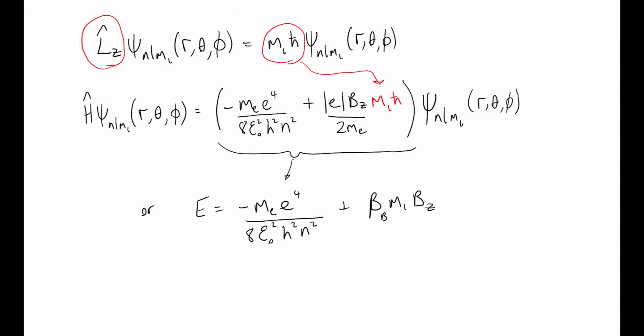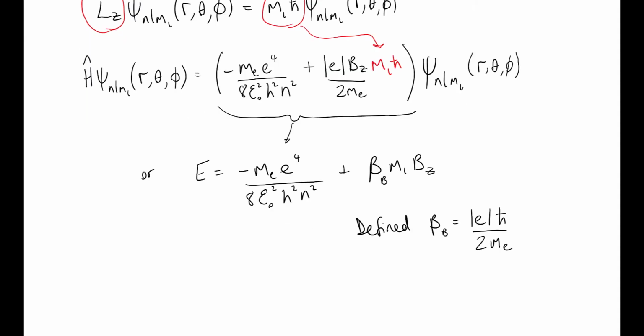What I'm also doing right now is I'm going to define a new term called the Bohr magneton. And we have to be careful here because this is the beta term in this particular expression. And that Bohr magneton is defined as the fundamental charge multiplied by h bar over 2 times the mass of the electron. And the numerical value is as follows.